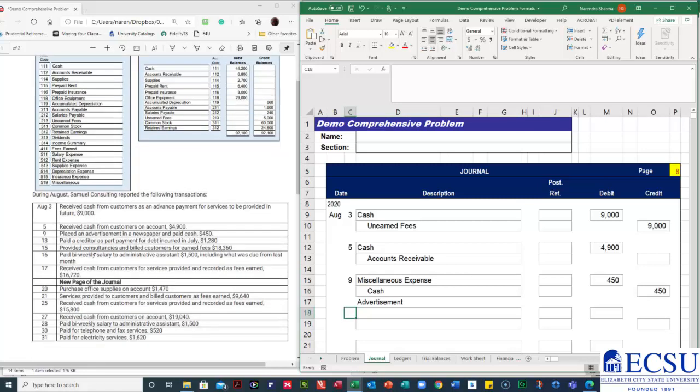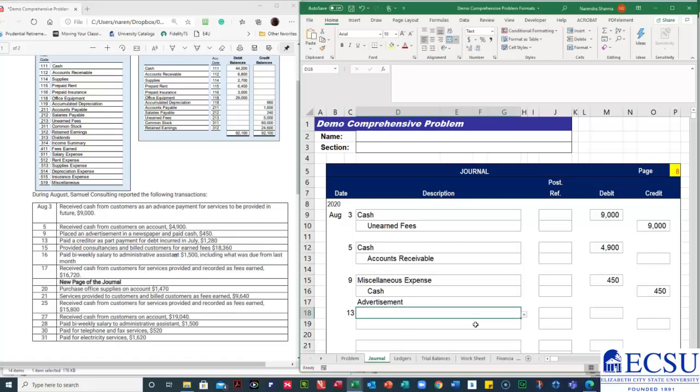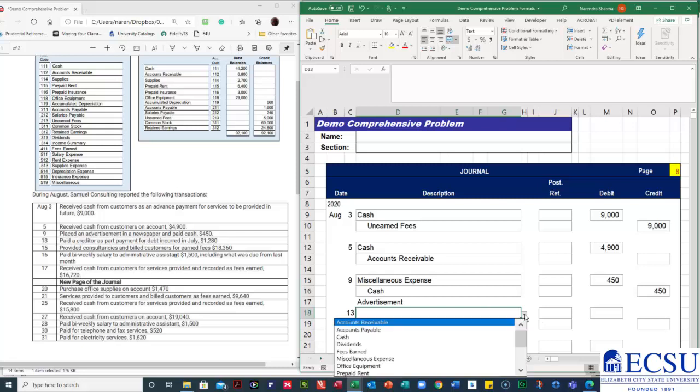Next is August 13. It says paid a creditor as part of the payment for debt incurred in July. So in July, we had accounts payable because creditor would mean accounts payable. So I'm paying the accounts payable. Now, what will happen to accounts payable if you pay it off? Of course, it will go down. It's a liability going down, so therefore it should be debited.